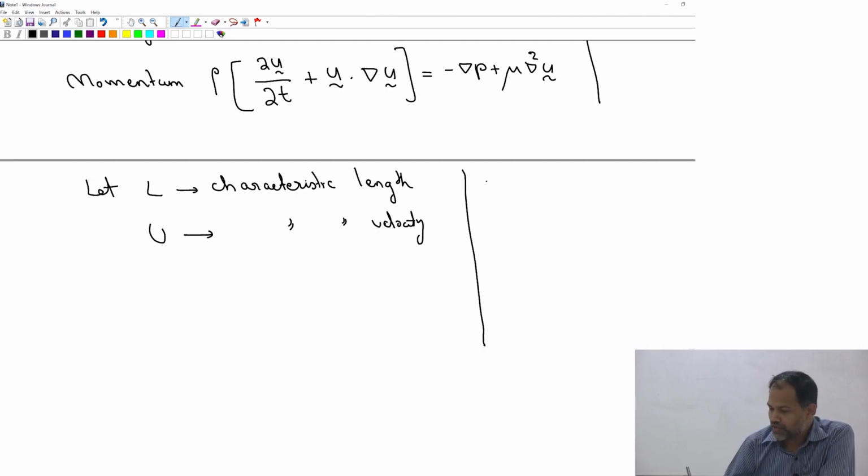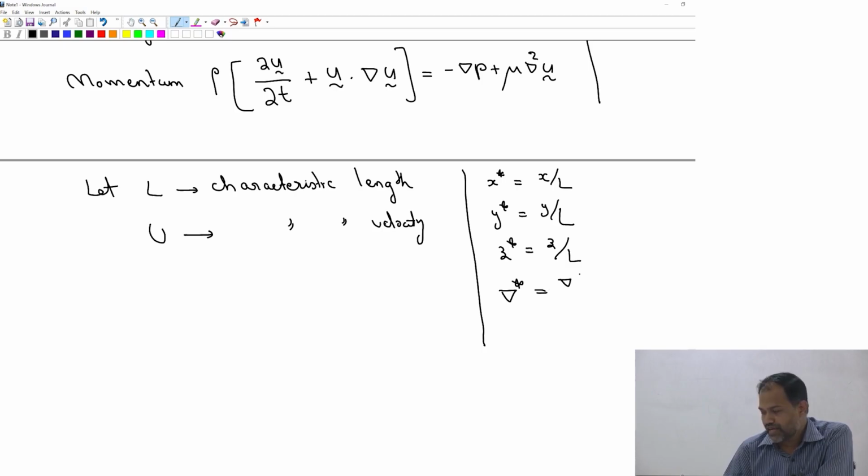If I have a coordinate x, I'll define x star equal to x divided by L. So y star is y divided by L, and z star is z divided by L. Spatial gradients: the non-dimensional form, grad star, would be grad non-dimensionalized with length inverse.